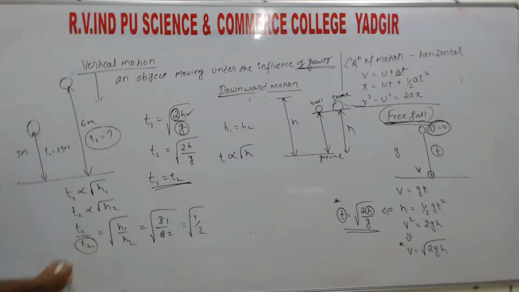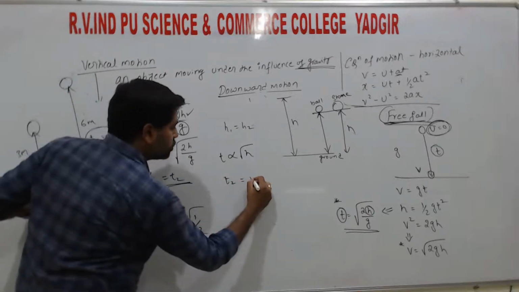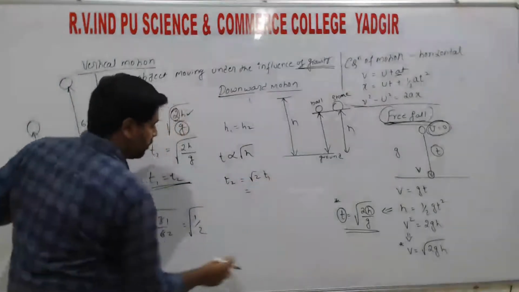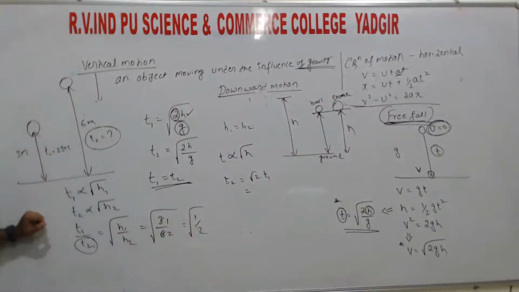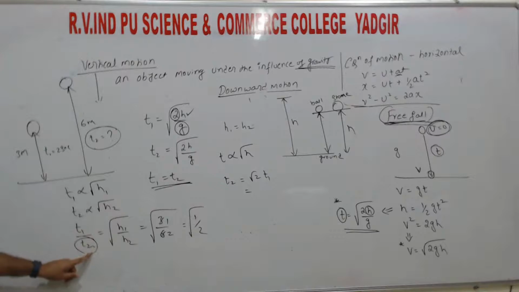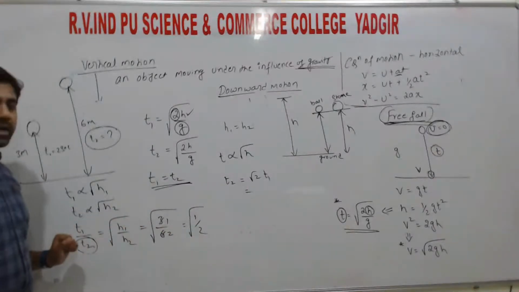We need to find t2, right? So t1 by t2 is 1 by root 2. If we shift t2 to the RHS, then t2 equals root 2 into t1.